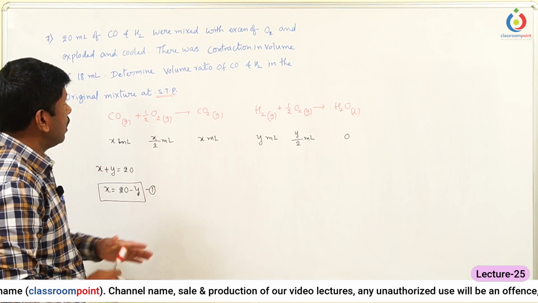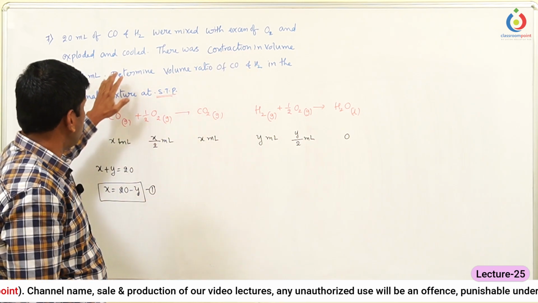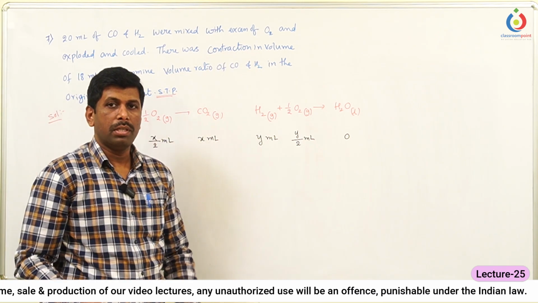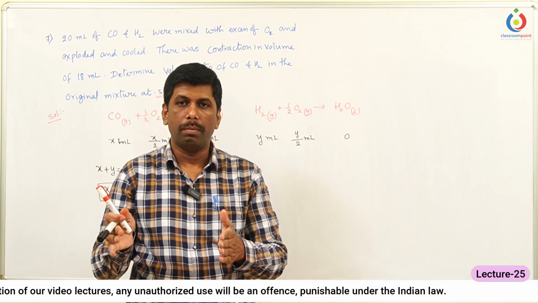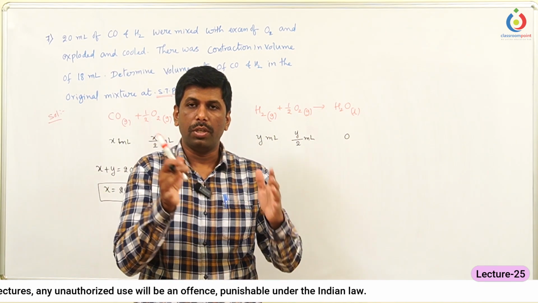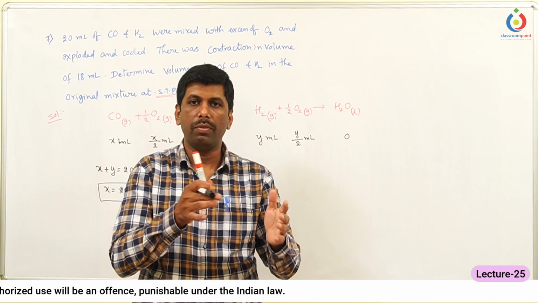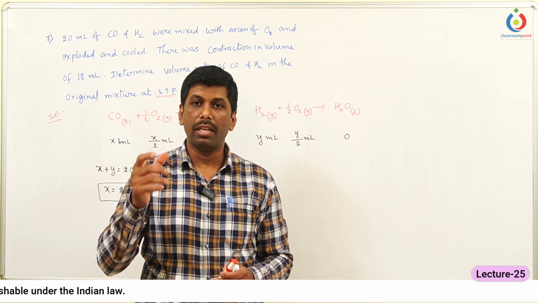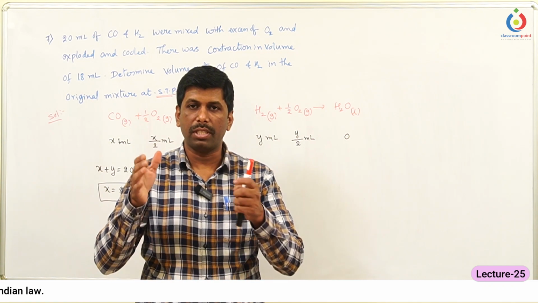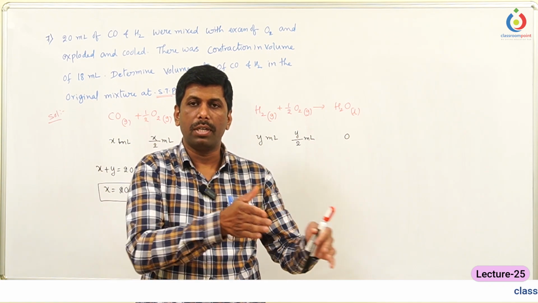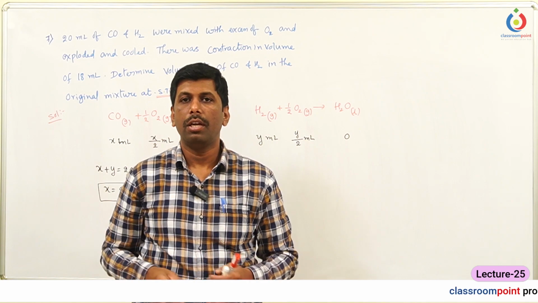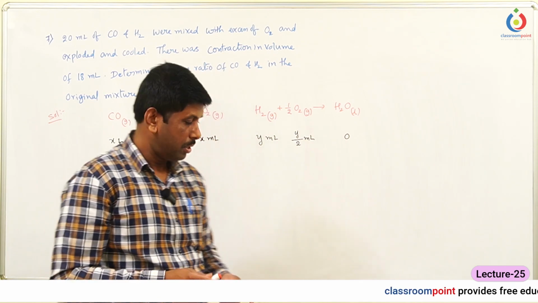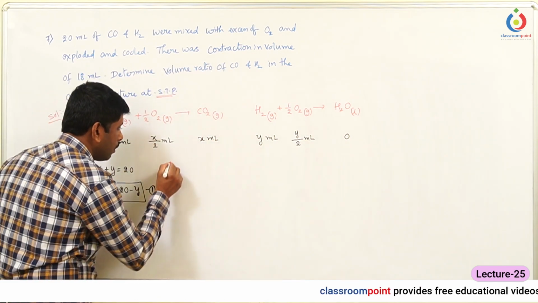And they said here there was a contraction in volume. Contraction in volume means volume of the reactants minus volume of the products. So if there is any contraction, that value is the contraction volume. So the contraction volume, or decrease in volume, can be calculated by subtracting the total volume of the products from the total volume of the reactants. So now let us see here.